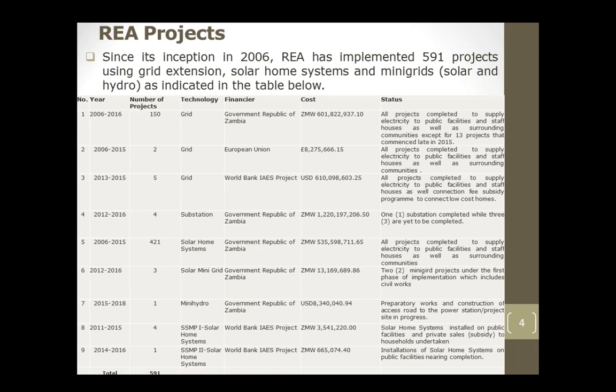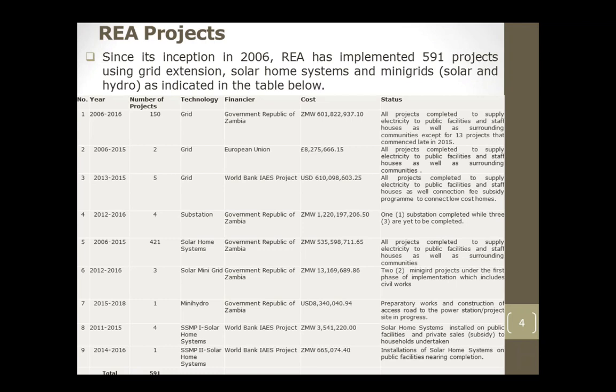So under this program, low-income households were also considered for connections. Usually we target government facilities such as houses, schools, rural health centers, but on this one, this has been a special project where a subsidy was applied by the World Bank to connect those houses which can't afford to connect.